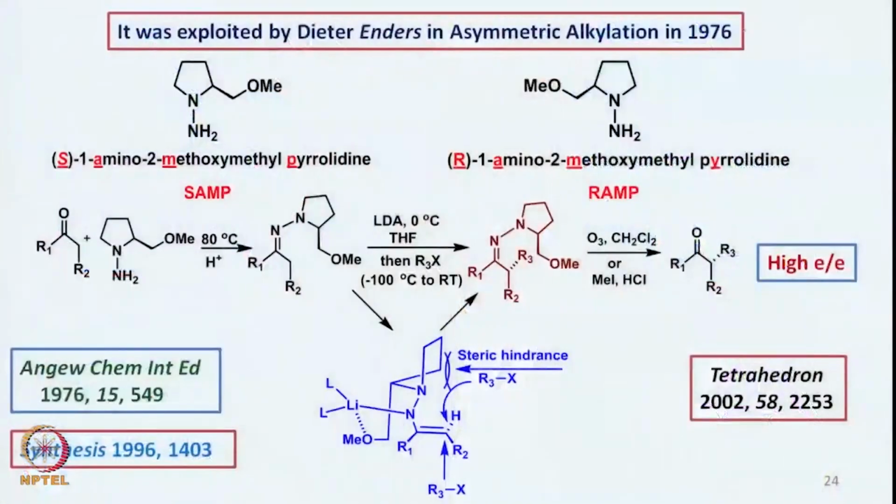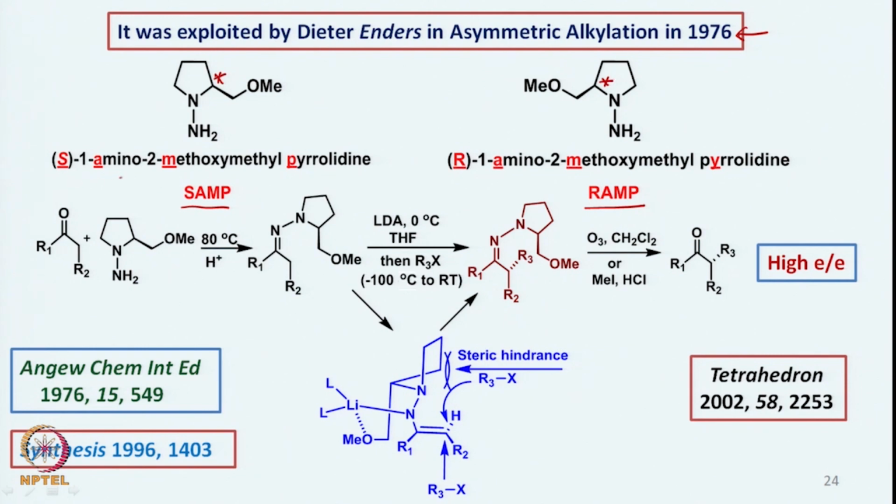Now this was exploited by Dieter Enders in asymmetric alkylation in 1976, and there are two very well known ligands, SAMP and RAMP, which are chiral ligands which are prepared and used as you can see here. So there is an asymmetric center here and there is an asymmetric center here.